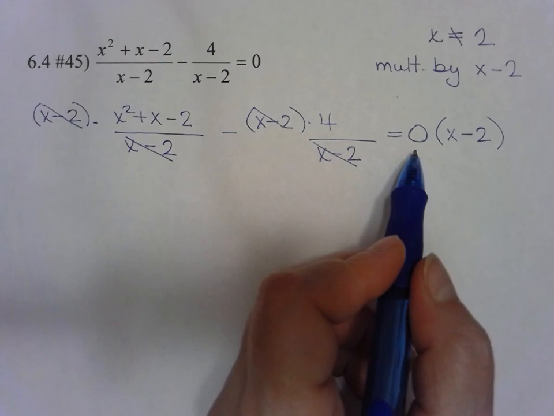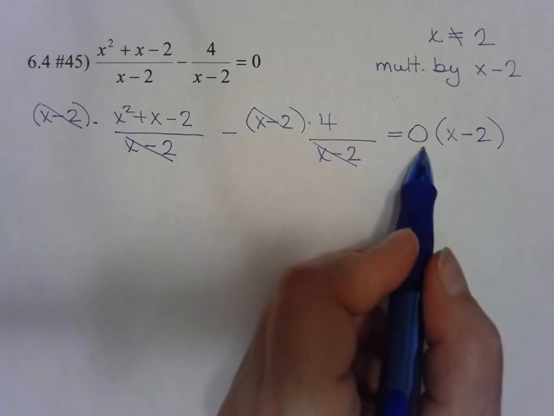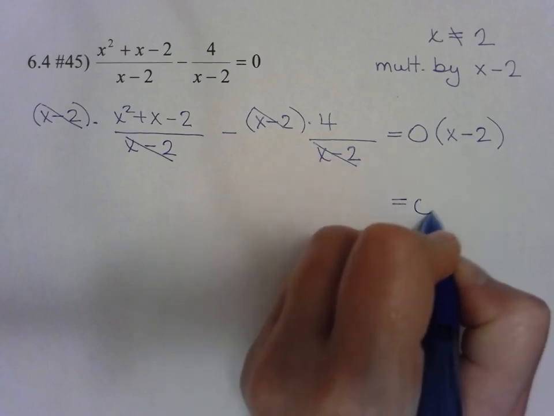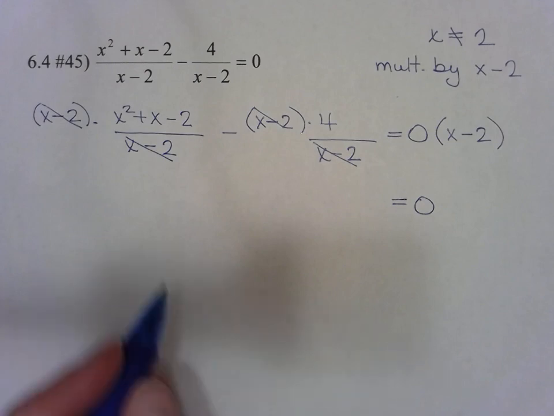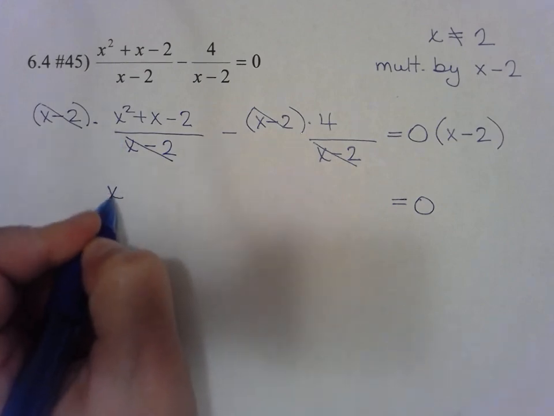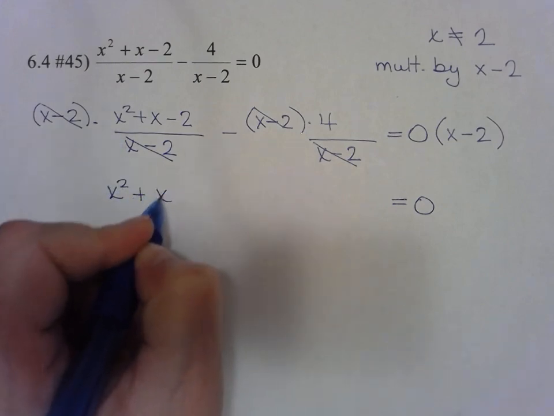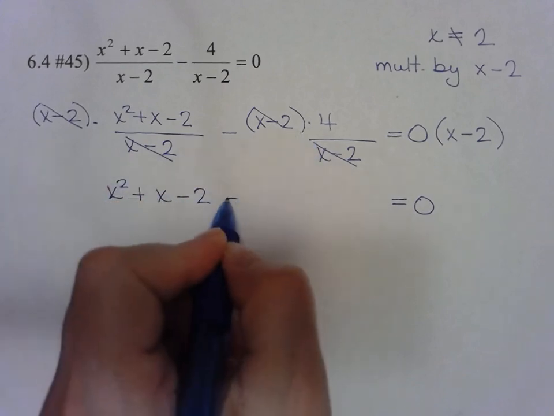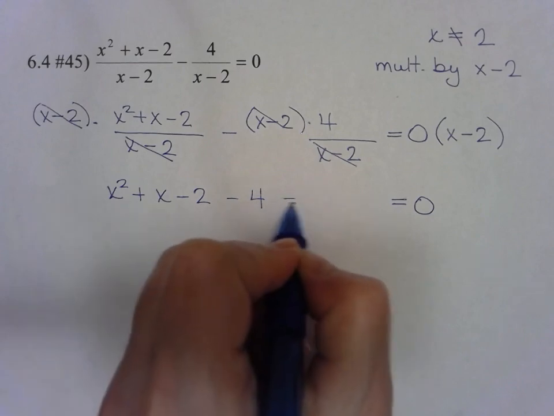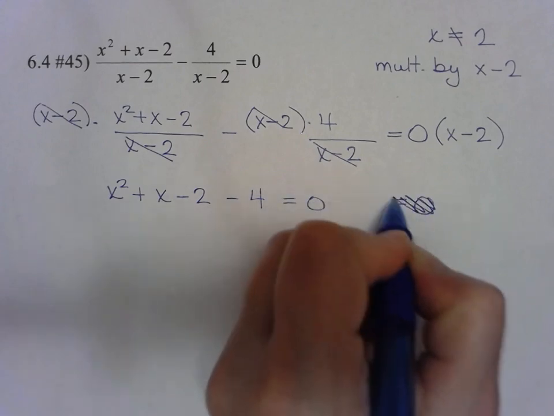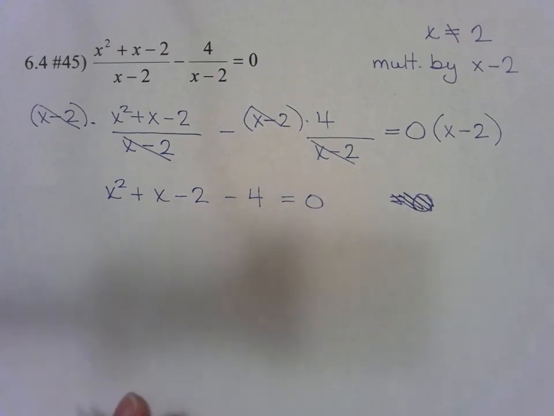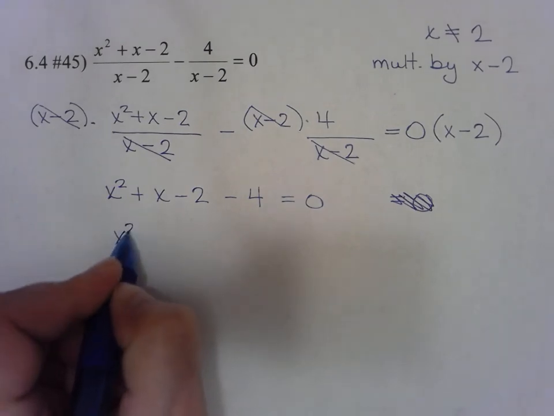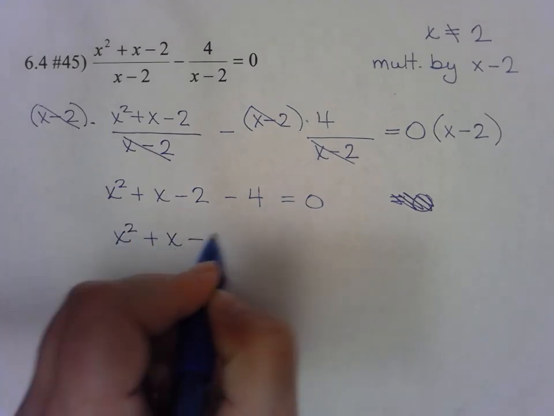But it doesn't really matter because 0 times anything is still 0, so this is going to stay 0. I'm going to be left with x squared plus x minus 2 minus 4. Oops, I spaced that out, kind of weird. That becomes x squared plus x minus 6.